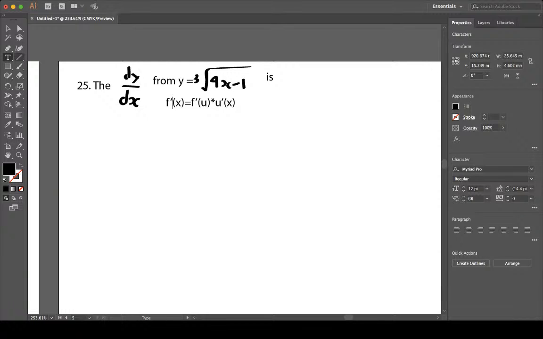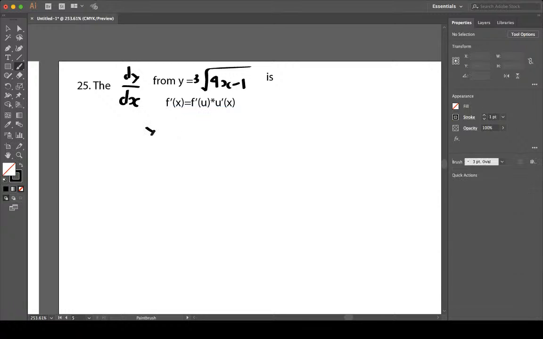So first, let's transform this cube root into a power, because powers in derivatives are much better. So 4x minus 1, to the power of 1/3.